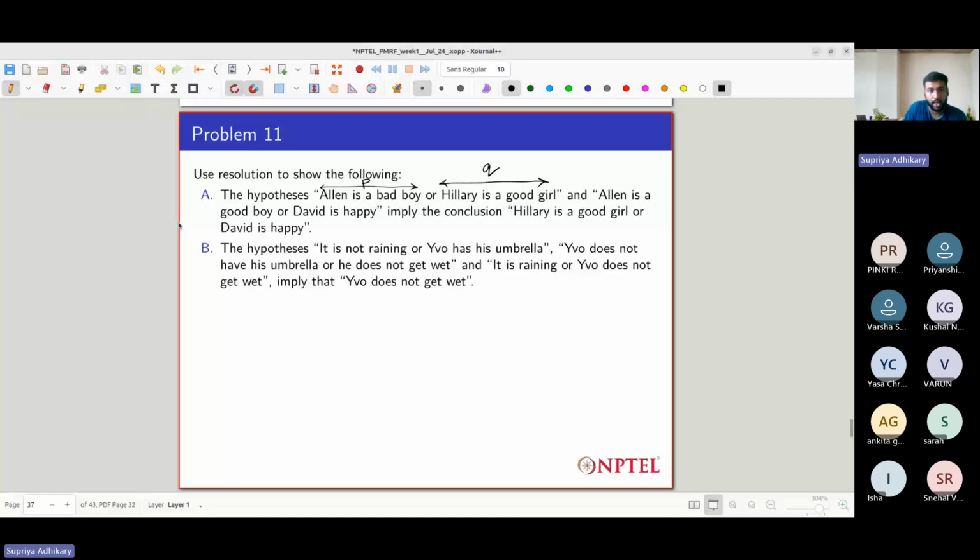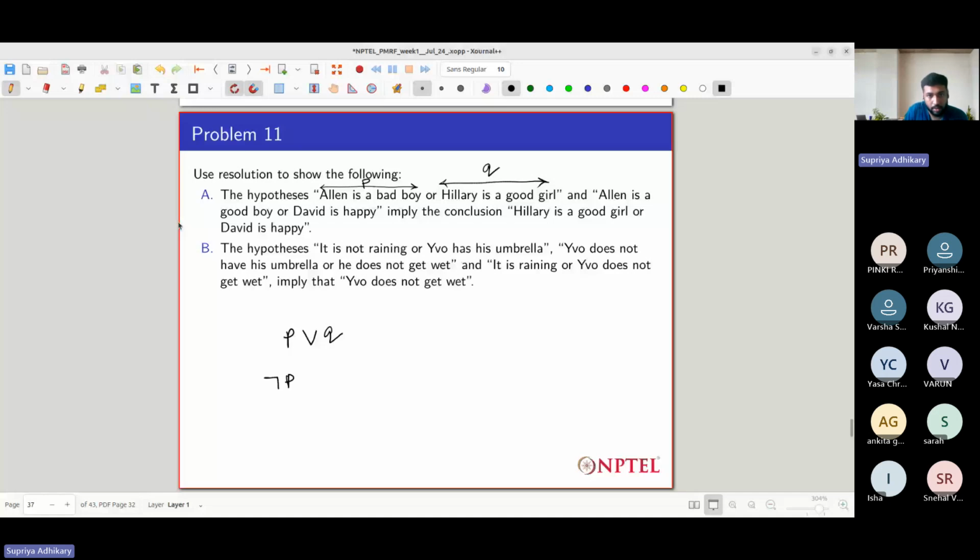Now, we have P or Q. Or is nothing but the disjunction operation. Now, Alan is a good boy is nothing but the negation of the statement P that was given over here, or David is happy.